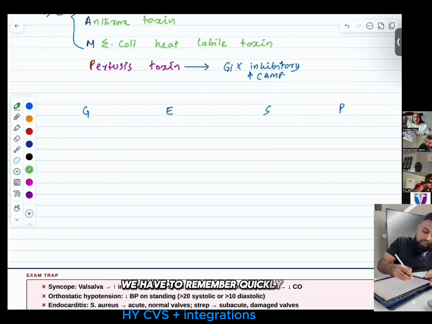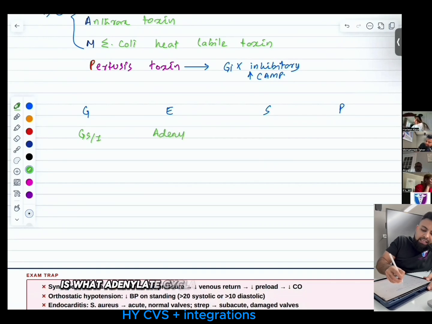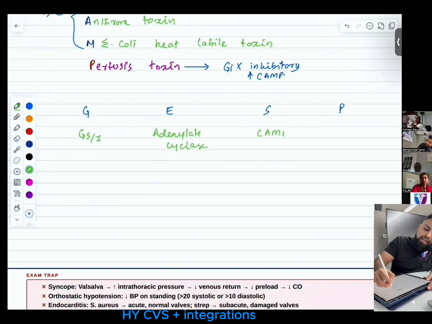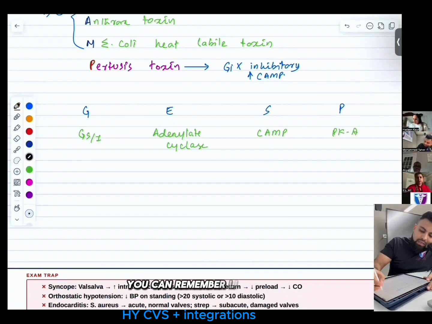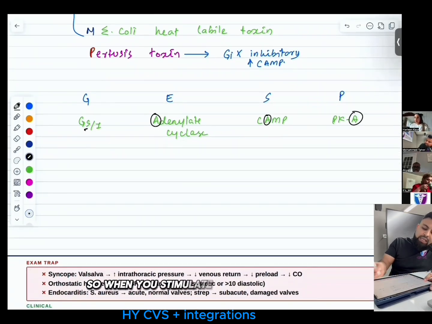Gs or Gi couple; enzyme is adenylate cyclase, second messenger is cyclic AMP, and kinase is protein kinase A. So A, A and A. When you stimulate, you increase cyclic AMP. When you inhibit, you decrease it.